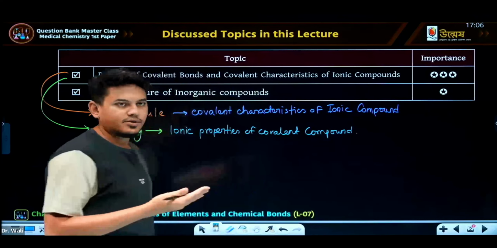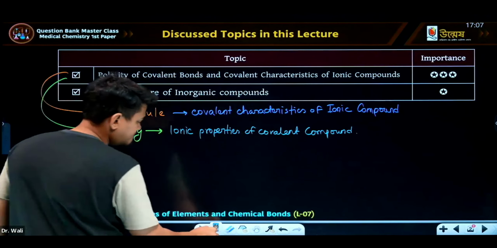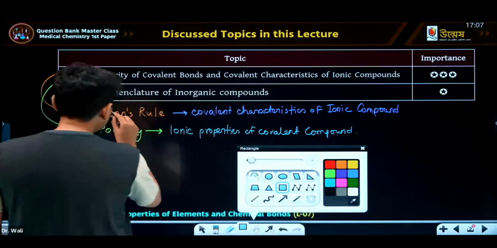So which one is more ionic, which one is more covalent, such questions will appear, and we have to answer those questions based on these two rules. We'll be discussing more in detail while solving the questions.